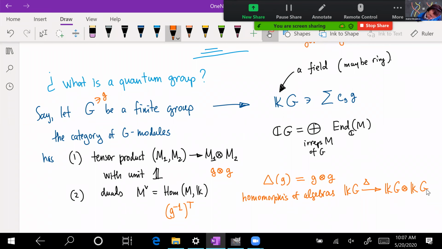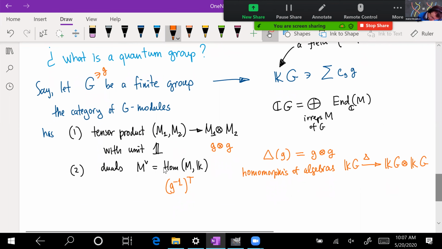And this is the analog of the fact that the tensor product is defined for any number of factors irrespective of the order. Then this thing is co-associative.